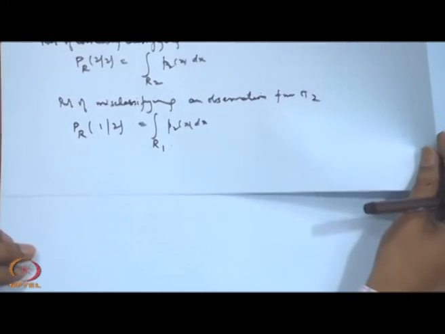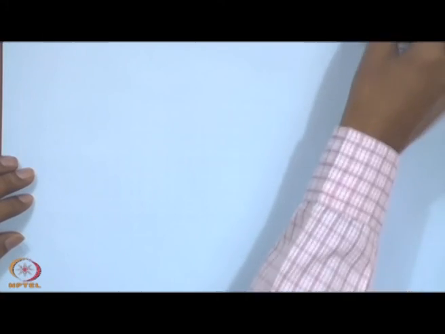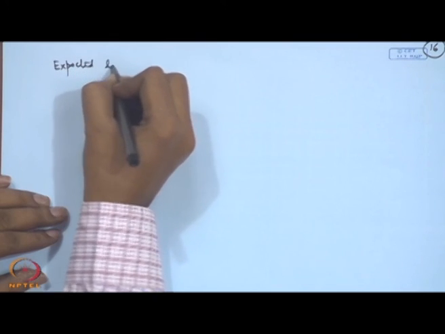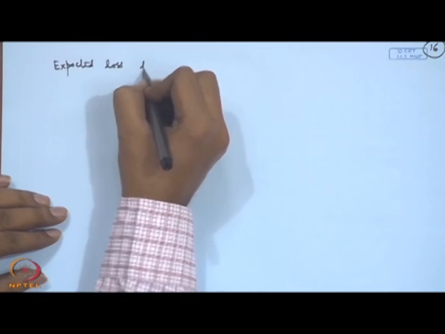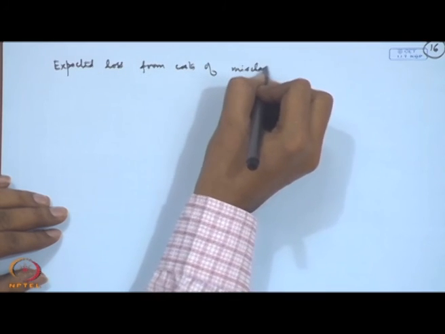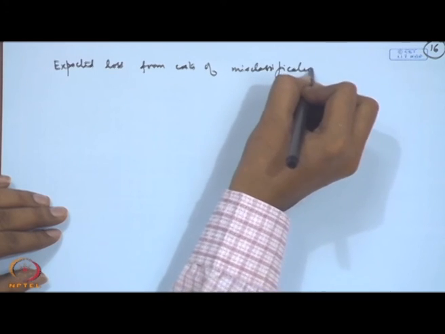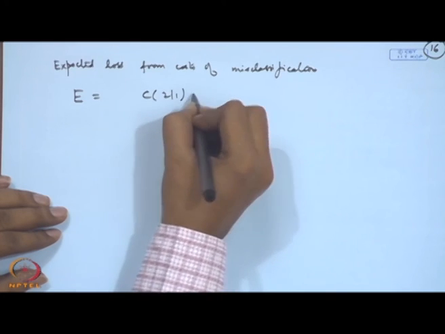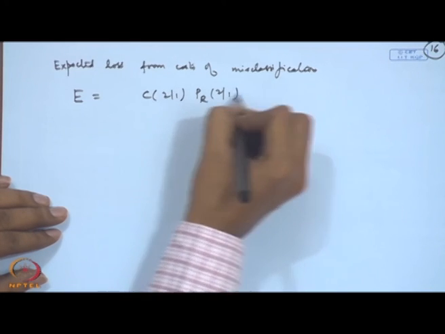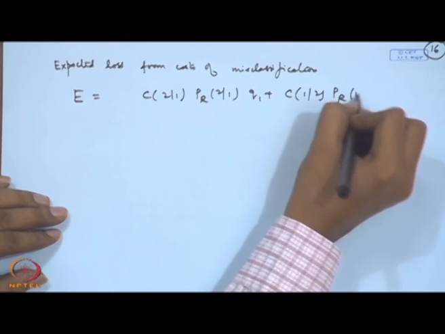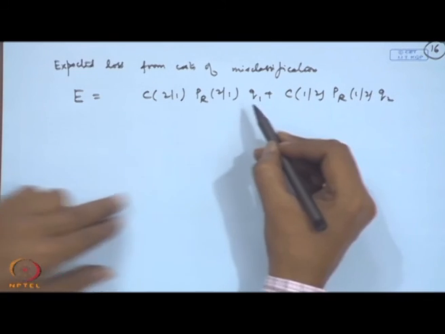So, we can consider now the expected loss from costs of misclassification. Let us call it E, that will be equal to C 2 1 P r 2 1 q 1 plus C 1 2 P r 1 2 q 2. Let me explain this.